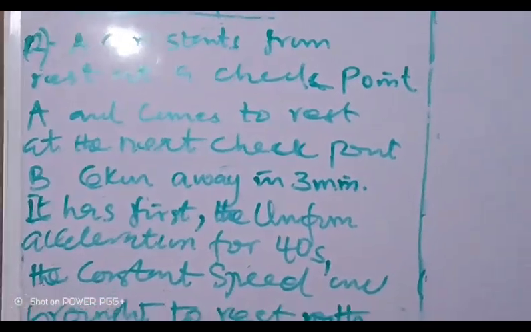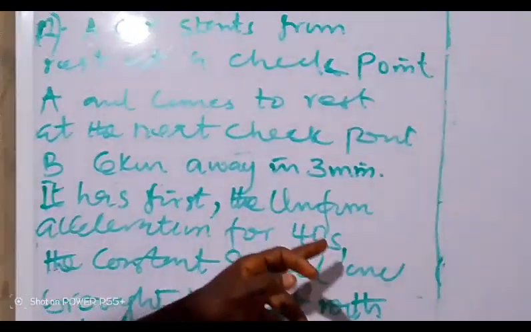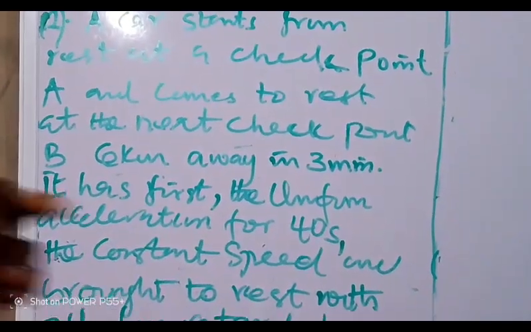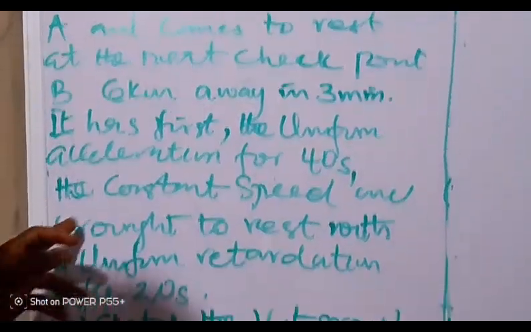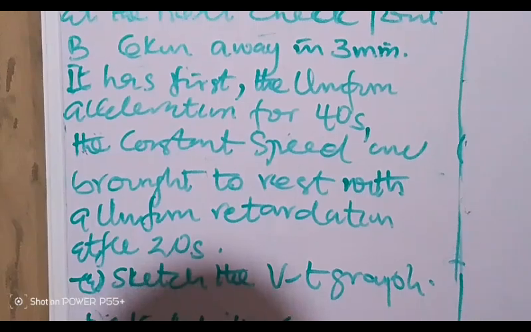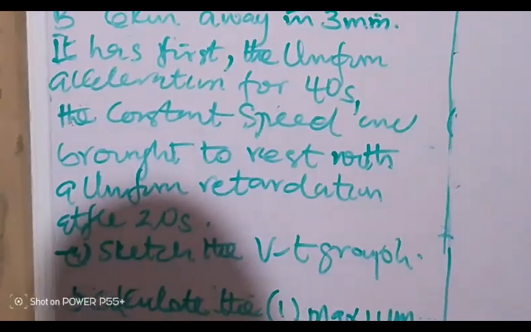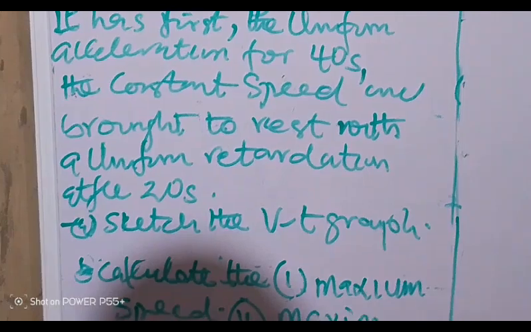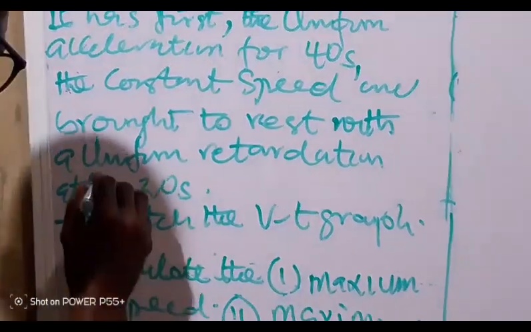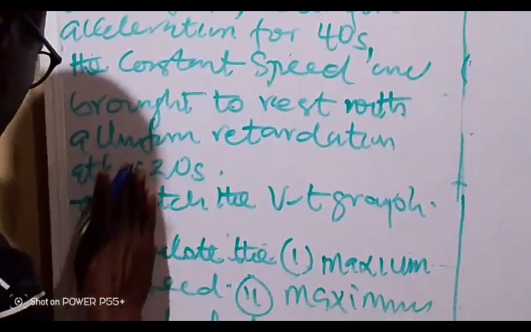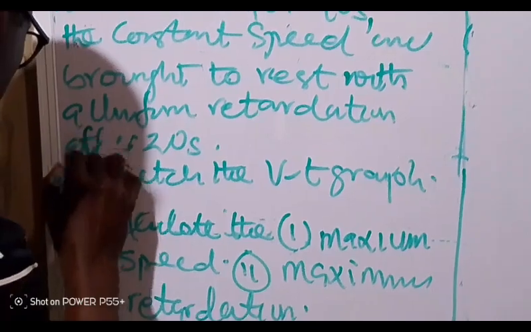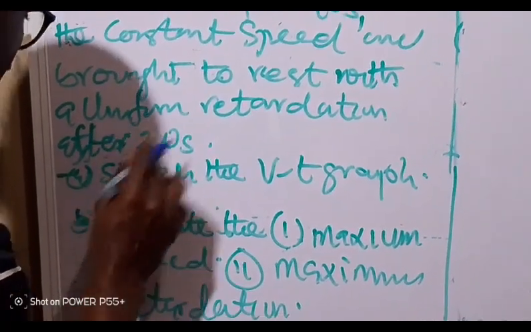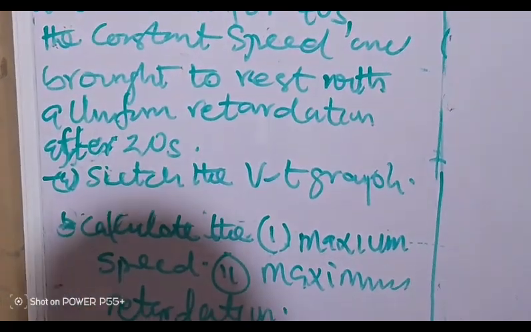It has first a uniform acceleration for 40 seconds, then constant speed, and is brought to rest with a uniform retardation after 20 seconds. Sketch the velocity time graph.